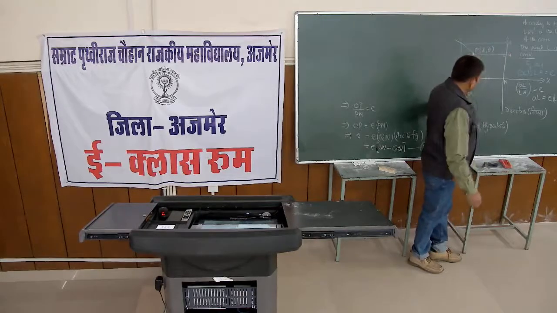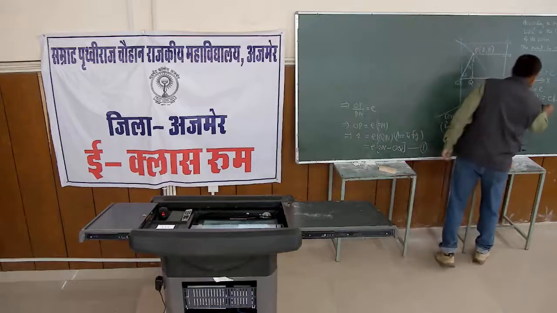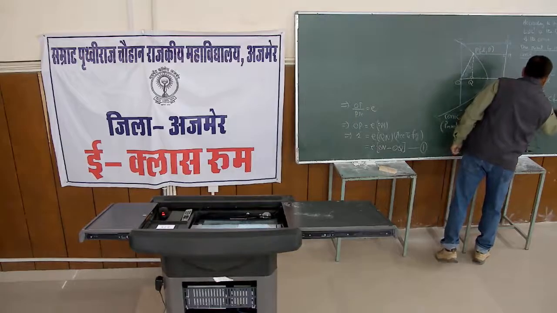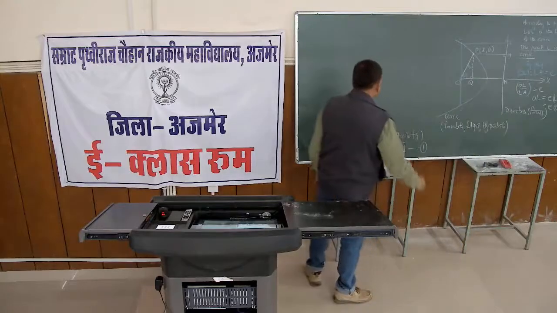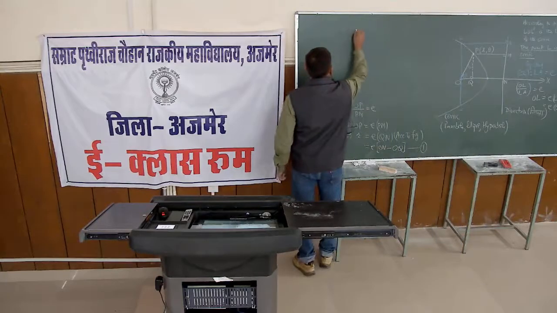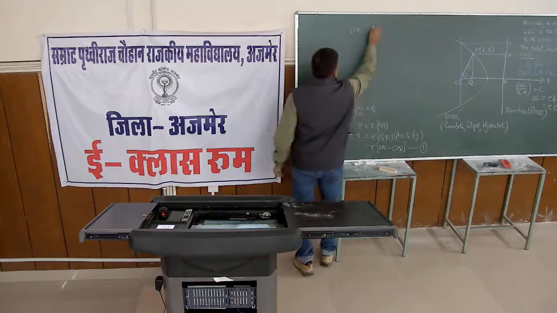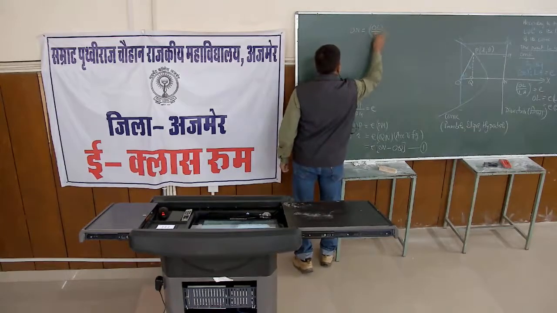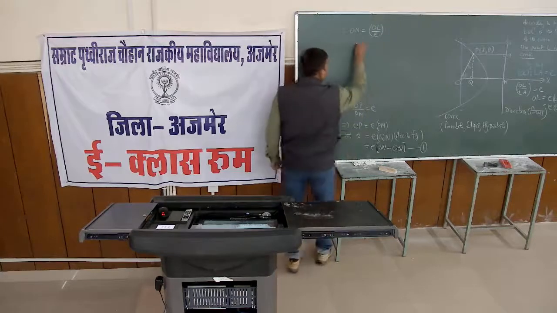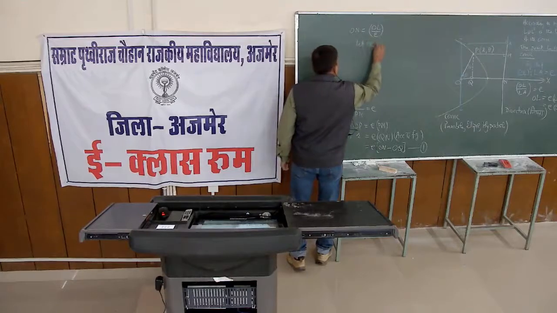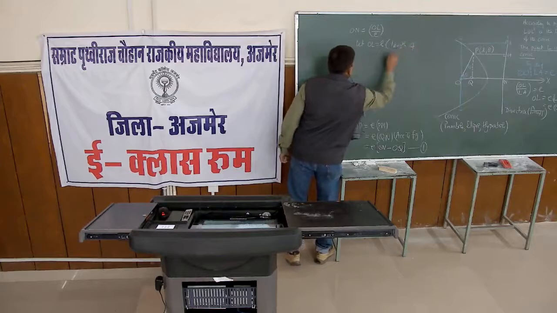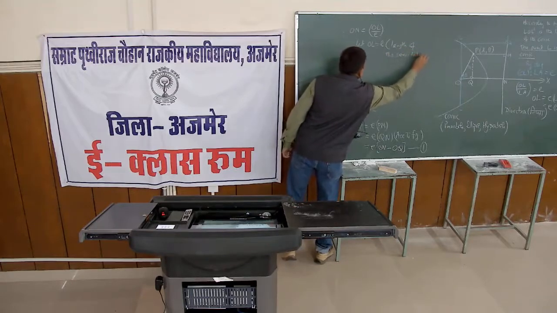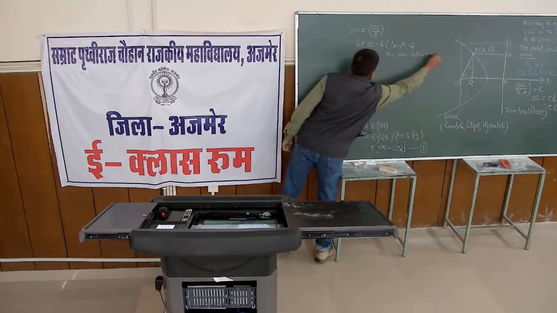LA is equal to ON, so it is E times ON. Therefore, ON is OL upon E. Let OL equal to L, the length of the semi-latus rectum.